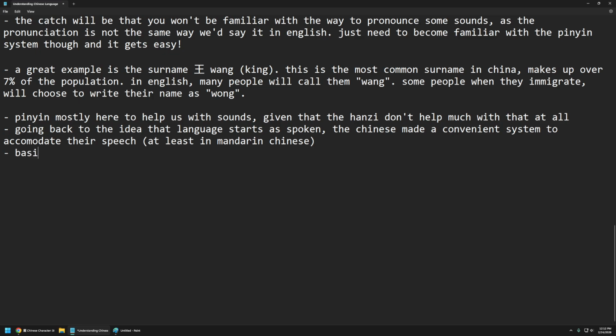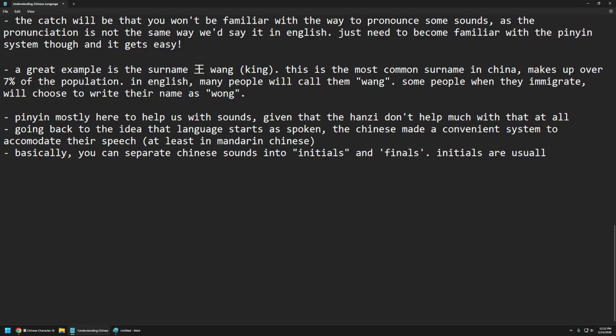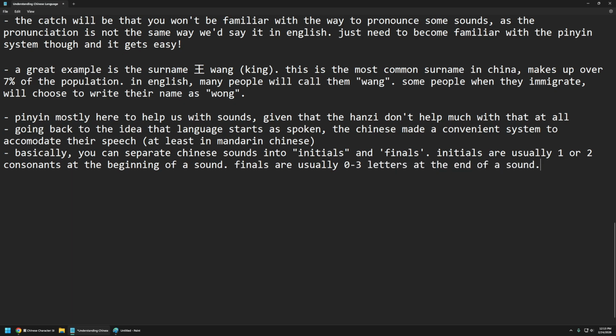So basically, how this works is you can separate Chinese sounds into initials and finals. Okay? Initials are usually one or two consonants at the beginning of a sound. Finals are usually 0 to 3 letters at the end of a sound.